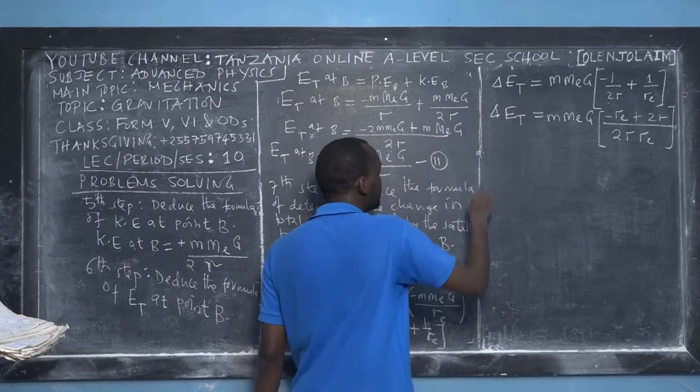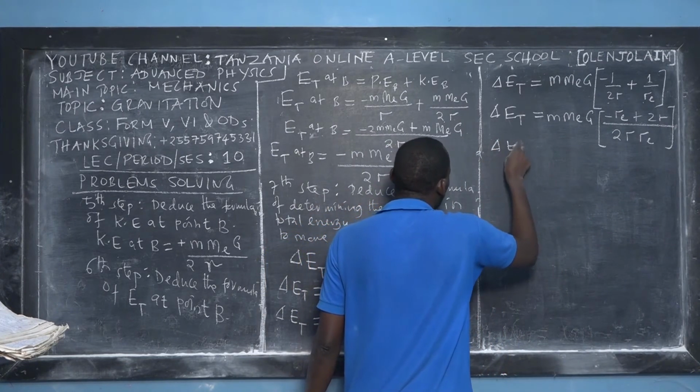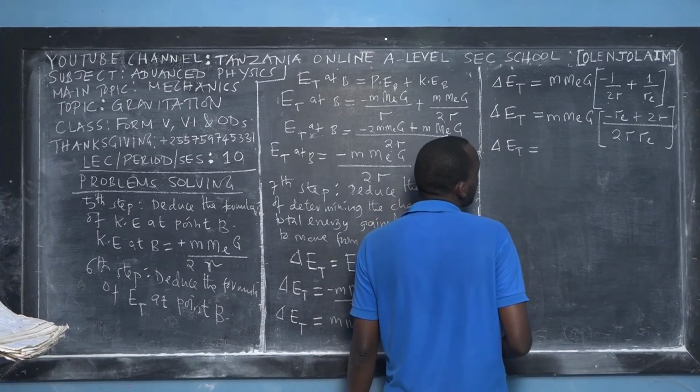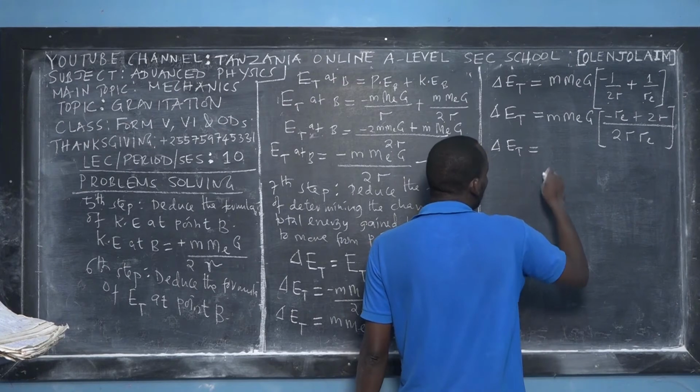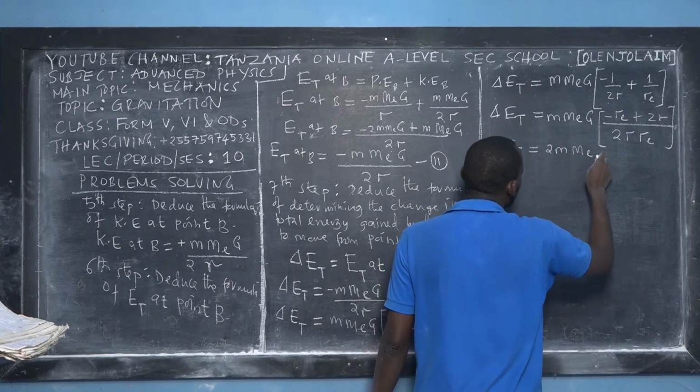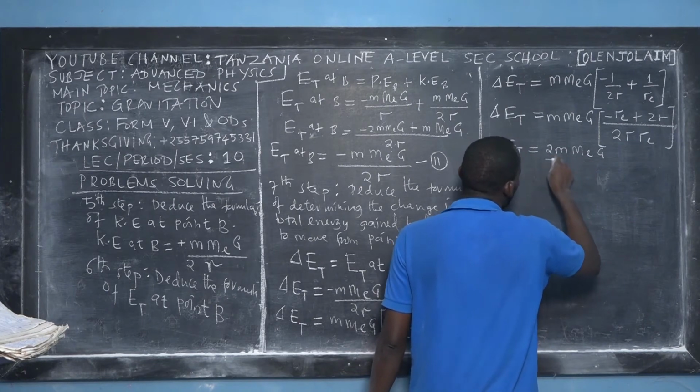So then now we continue. Change in total energy between point A and point B. For this case now, it will be what? We might say that it will be twice the mass of the S times G, divided by what?